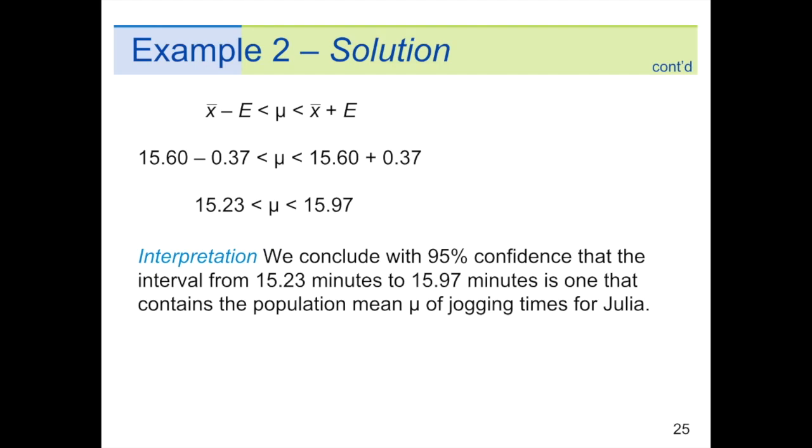So mu is between 15.23 and 15.97. We conclude with 95% confidence that the interval from 15.23 minutes to 15.97 minutes is one that contains the population mean mu of jogging times for Julia.